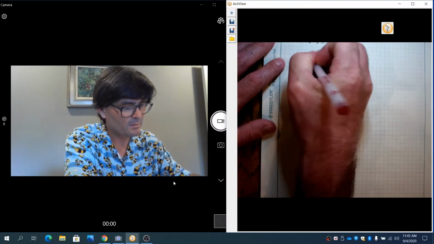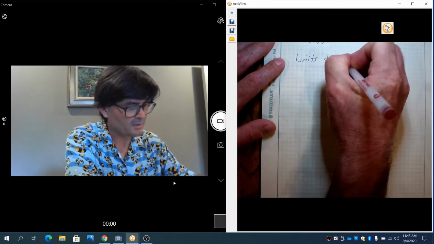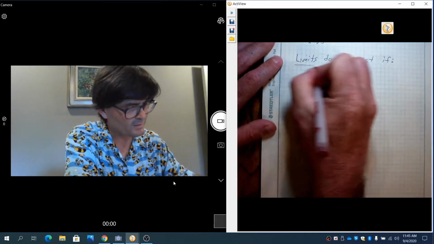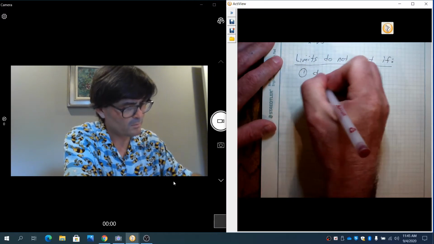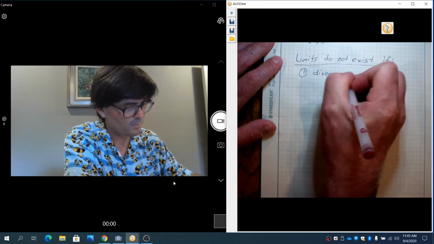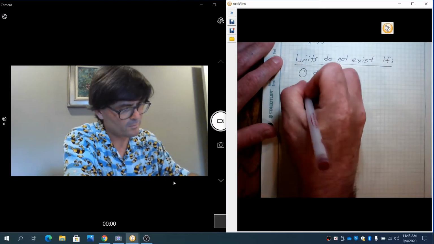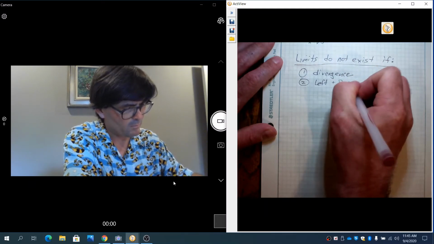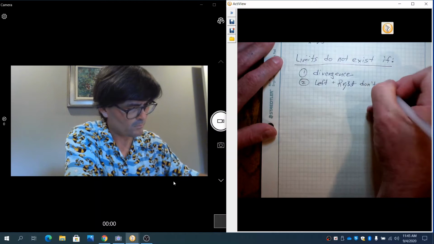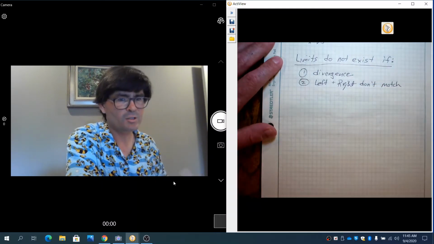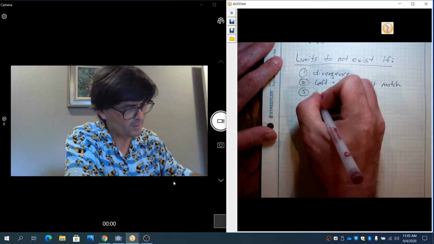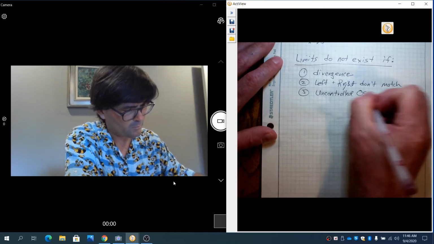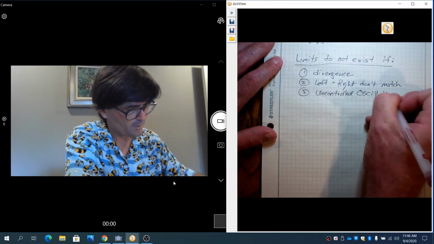Limits do not exist if one of these three things happens: 1, divergence; 2, left and right don't match; and 3, the rare one, uncontrolled oscillation.